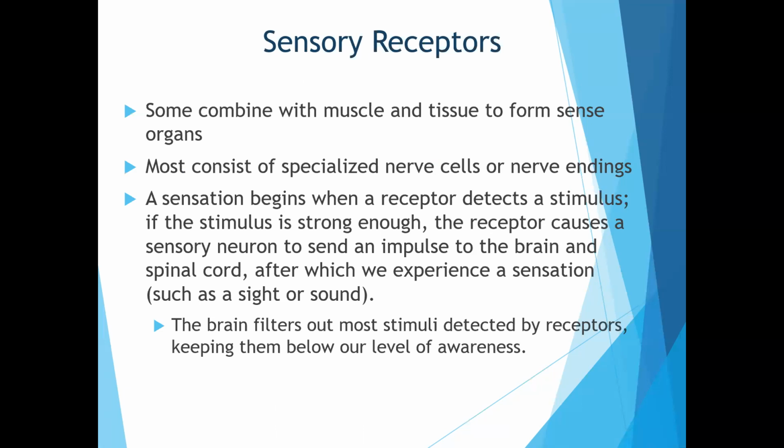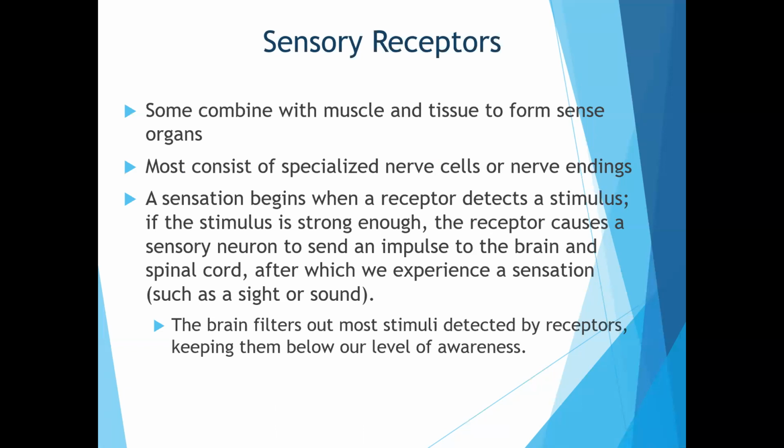The initial sensation or stimulus is detected by the receptor itself. If that stimulus is strong enough, that receptor is then going to transmit that information to the brain and spinal cord, our central nervous system, and that's when we actually get to have the sensation itself, such as sight or sound.